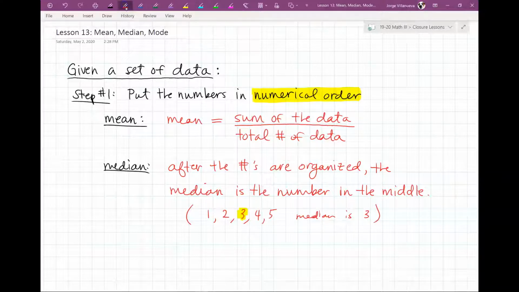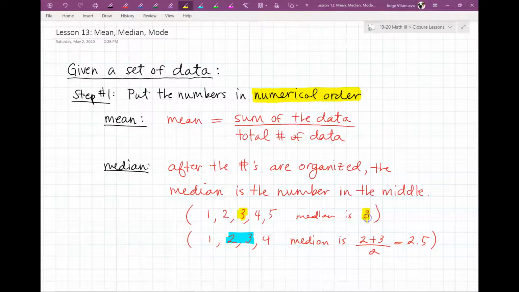But if there is no number in the middle, let's say 1, 2, 3, 4, then the median is, you're going to get the two numbers closest to the middle, 2 and 3. You're going to add them up, 2 plus 3, and divide them by 2. Well, that's 5 divided by 2, so it's 2.5. So that would be your median in that case.